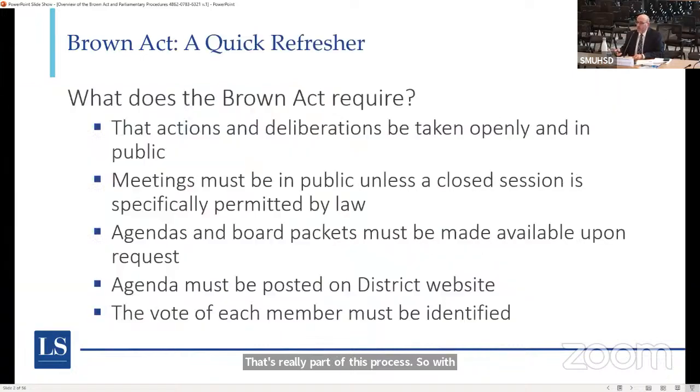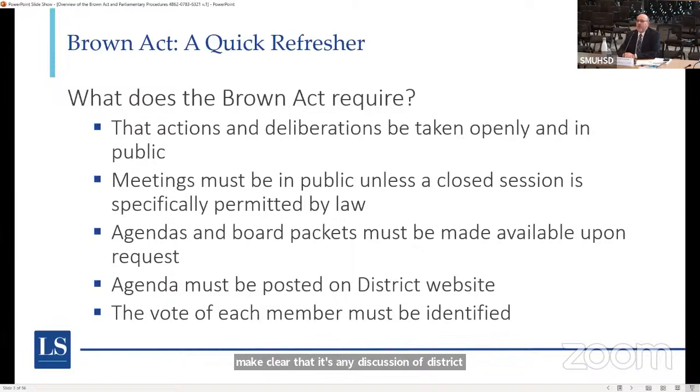So with that little overview, I'm going to dive into the substance. So here's a really quick refresher on what the Brown Act requires. You see it here, that actions be taken openly. And the Brown Act used to be a little bit more forgiving. It said that you had to make sure that any action items were taken publicly. And it got amended years ago to make clear that it's any discussion of district business, even if actions aren't being taken.